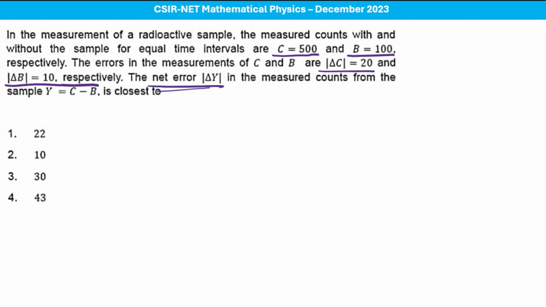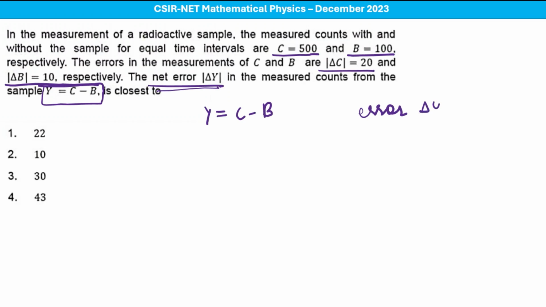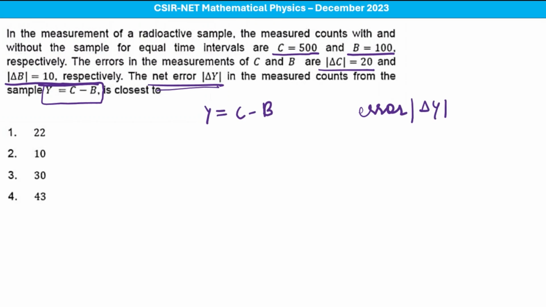The net error delta Y in the measured counts from the sample, Y equals C minus B, is closest to... Here Y is C minus B and it is asking for the error delta Y. So whenever the error delta Y is asked, that means they are asking for the root mean square error, or the uncertainty.